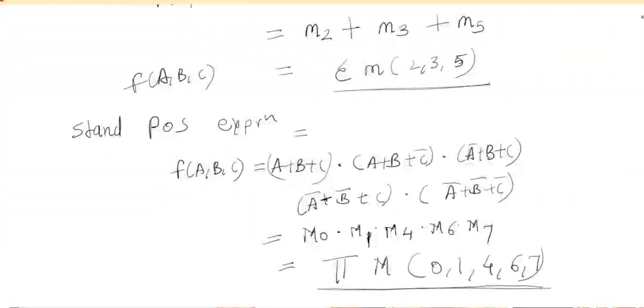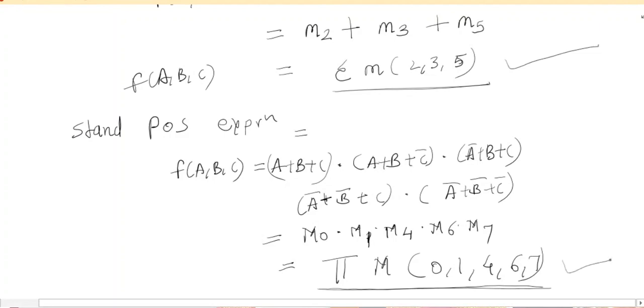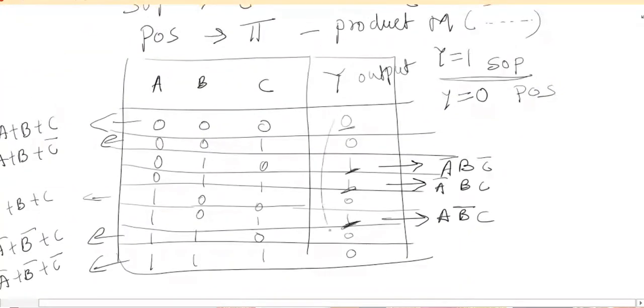Yes, ma'am. And the POS and SOP are complements of each other when they are derived from the same truth table. If they are derived from the same truth table, then only. If I derive this expression from one truth table and that expression from another truth table, then it is not correct because the output is going to change.